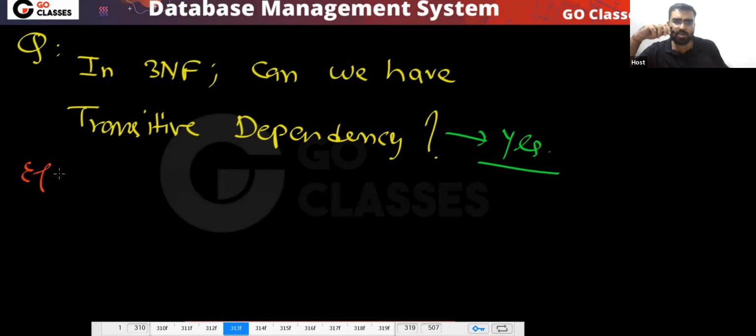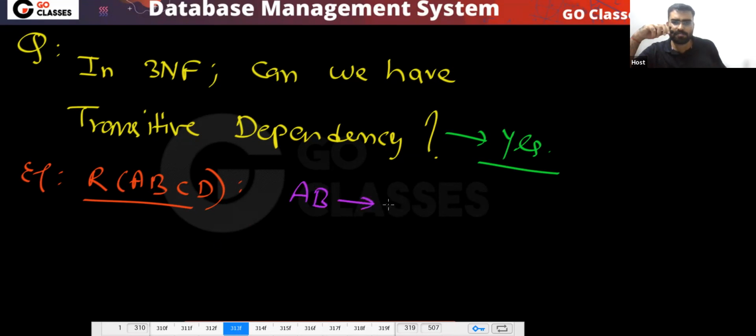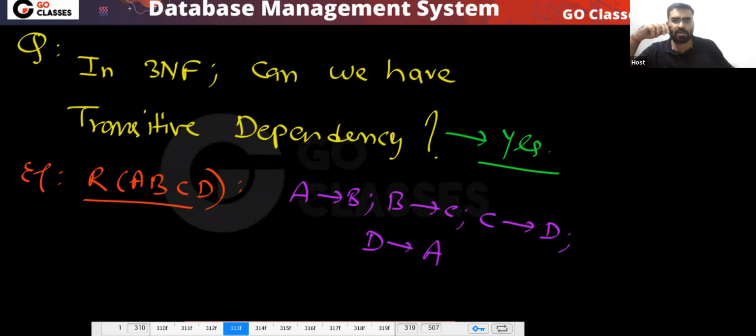There is no problem with transitive dependency. For example, if you have a relation R(A, B, C, D), then you can have transitive dependency.